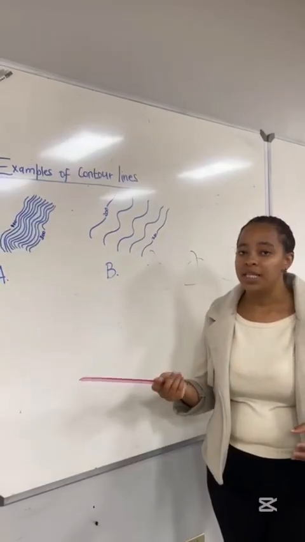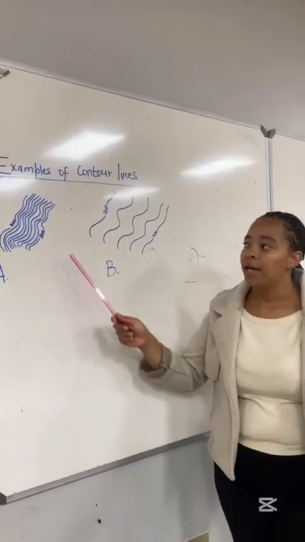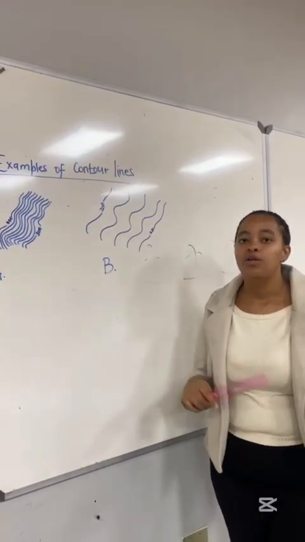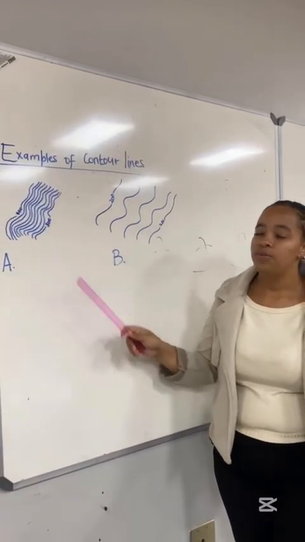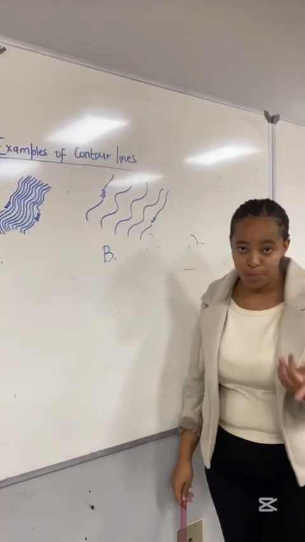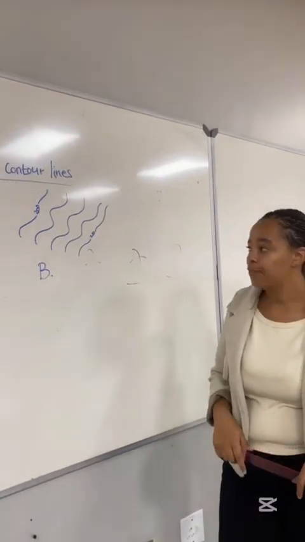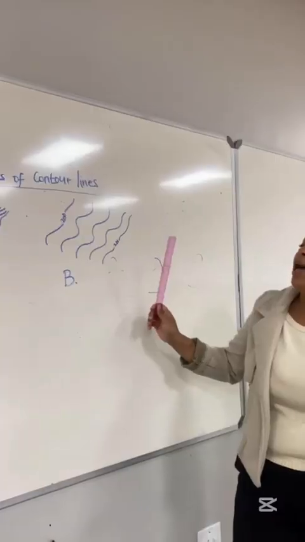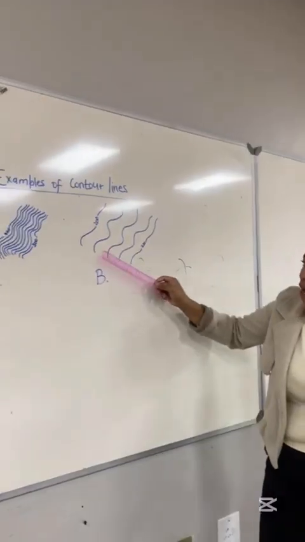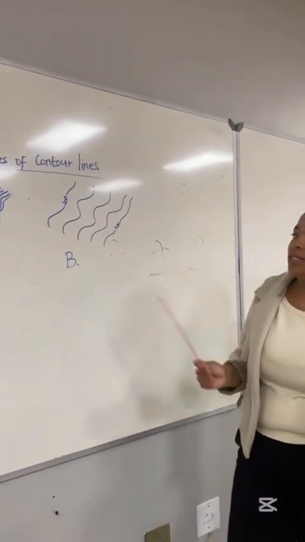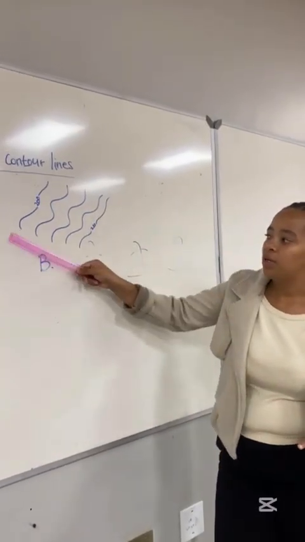Like I've said previously, contour lines help us determine whether the slope is steep or gentle by looking at how spaced the lines are from each other. At A, we have closely spaced lines, which means the slope is very steep. Looking at B, we have a gentle slope. The reasoning is the same, but since the lines are very widely apart, it indicates that the slope of that land is very gentle.